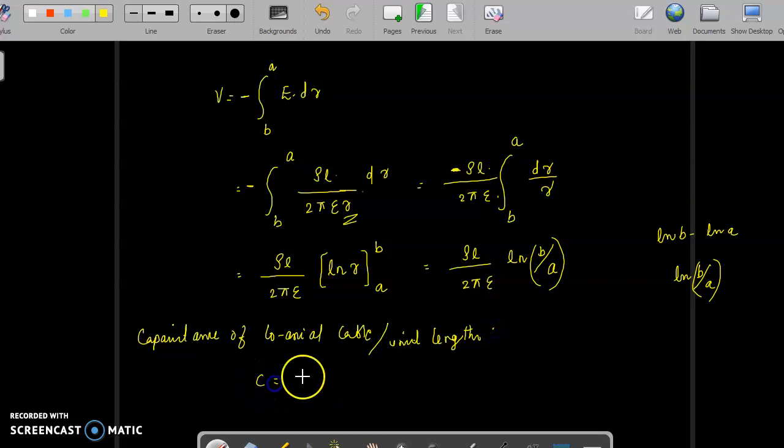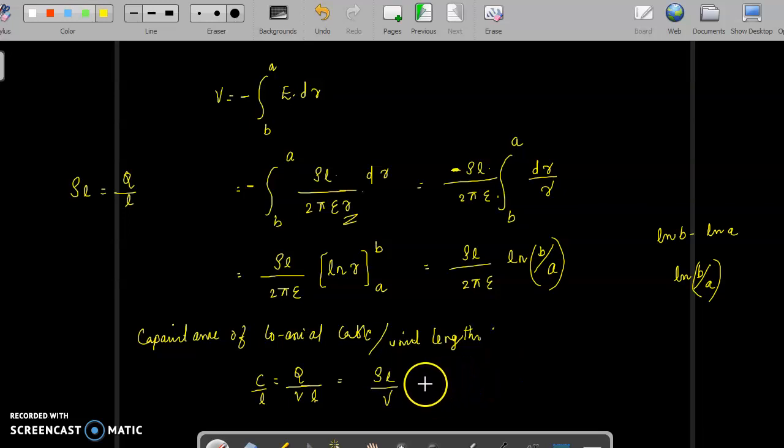We know that capacitance is equal to Q by V. Per unit length means we need to divide both sides by L. So what is Q by L? Rho L is Q by L. So we can write the capacitance per unit length as rho L by V.